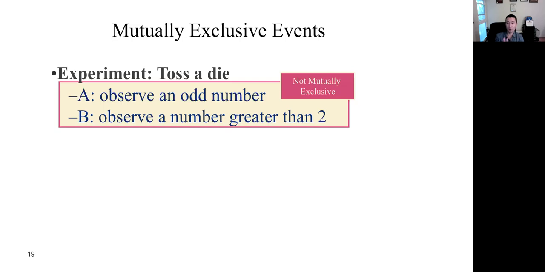Greater than 2 includes 3, 4, 5, and 6. So these two events have something in common, for example, 3 and 5. If you get 3, event A occurs, since this is an odd number. Also event B occurs, since 3 is larger than 2. So A and B have something in common, so they are not mutually exclusive.